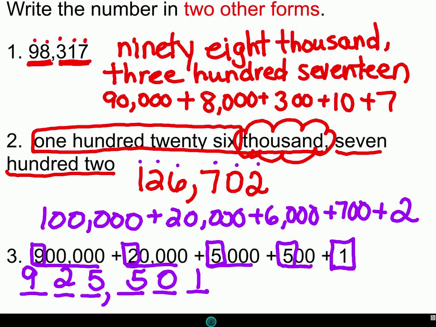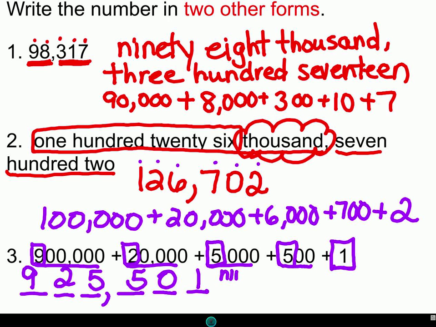Another way would just be take all these numbers and add them up. You could do that also. You could do 900,000 plus 20,000 plus 5,000 plus 500 plus 1. Okay? All right, so now we have to write this in words. Okay? And it would be 925,501.